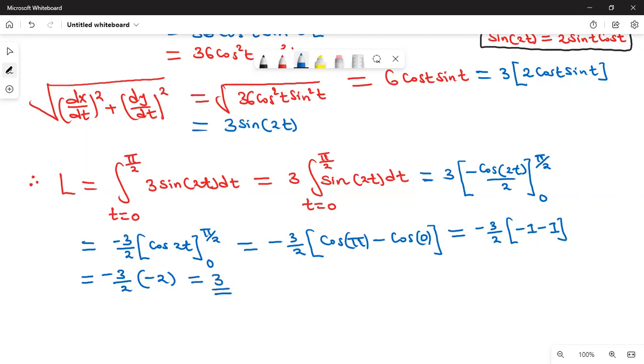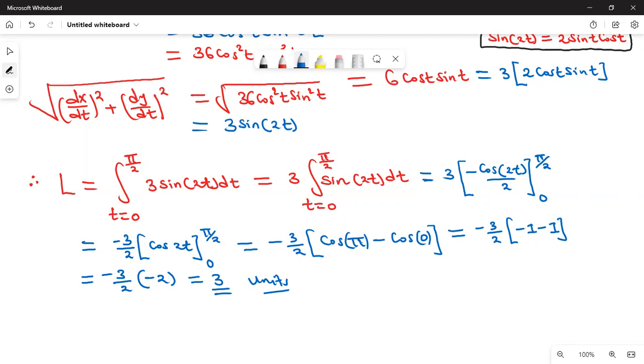So the length of that arc is equal to 3 units. Not square units. Square units is when you deal with areas. When it is just arc length, you write units.